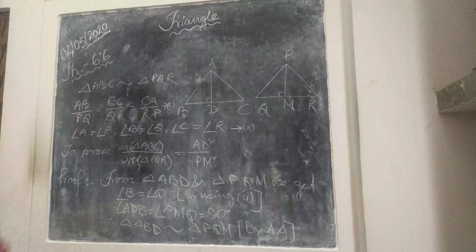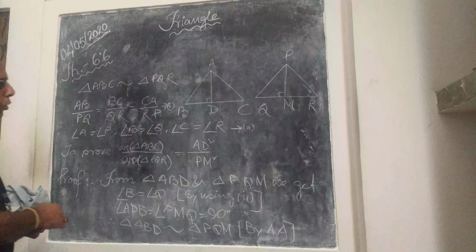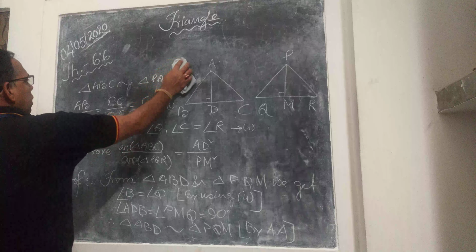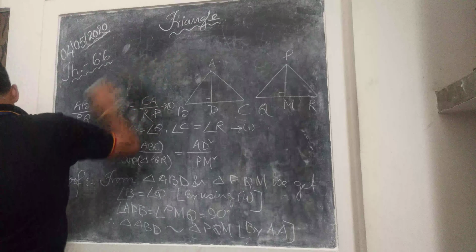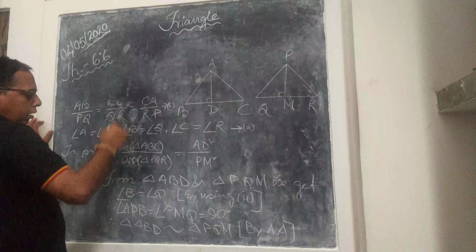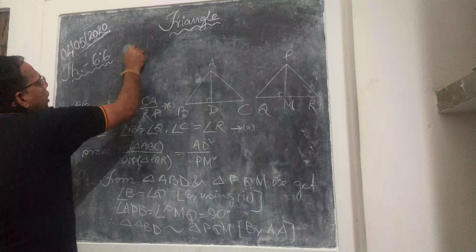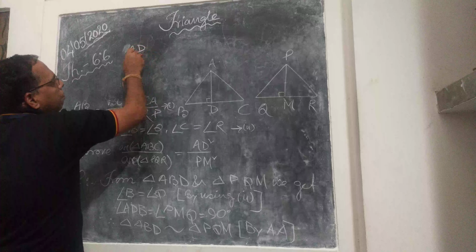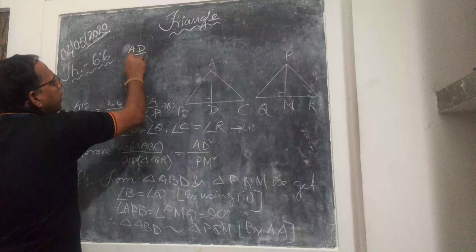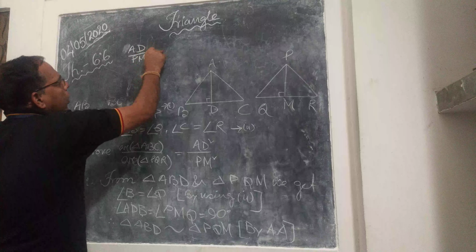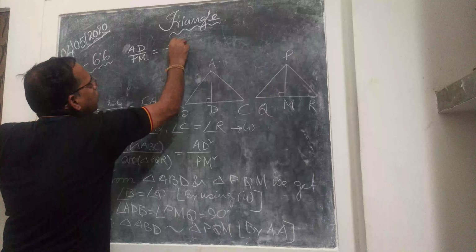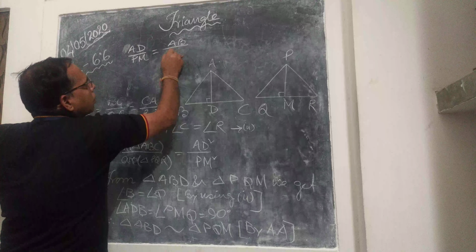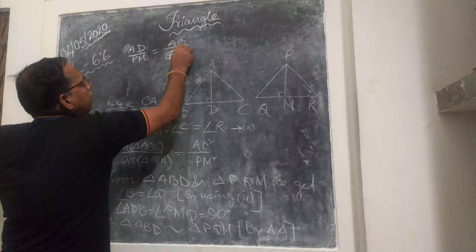Now from here, what will you get? That is the most important, because if you are not able to write that appropriate thing, it will be a problem. Therefore AD by PM equal to AB by PQ.